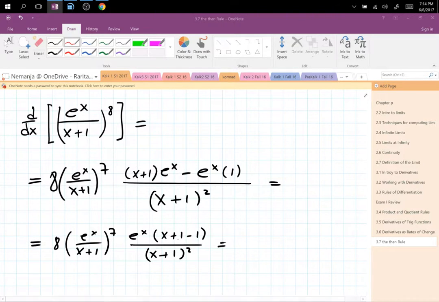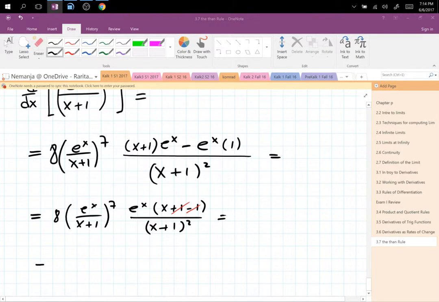So these ones drop. And now we have 8 e to the x. Oh, there's an x there as well. So let's call it 8x e to the x times e to the 7x divided by x plus 1 to the 7th.